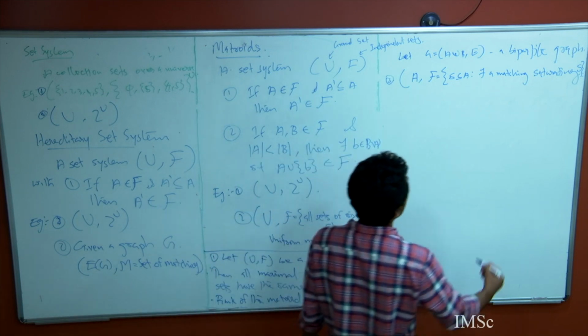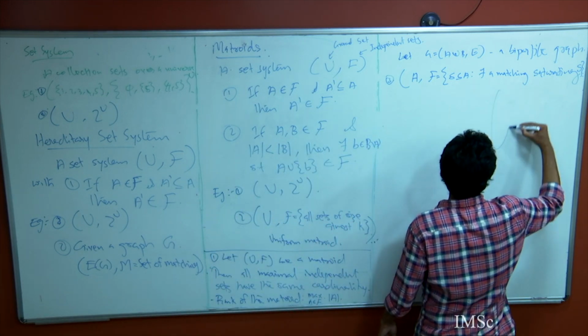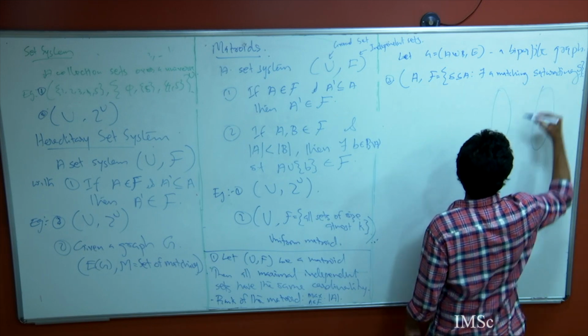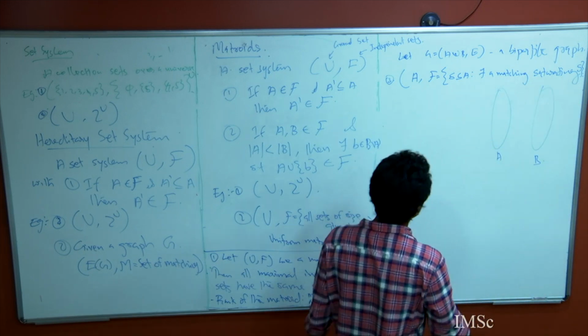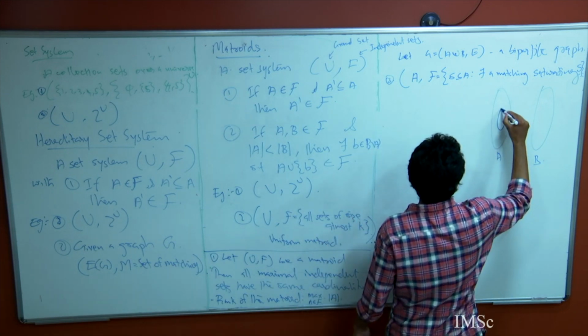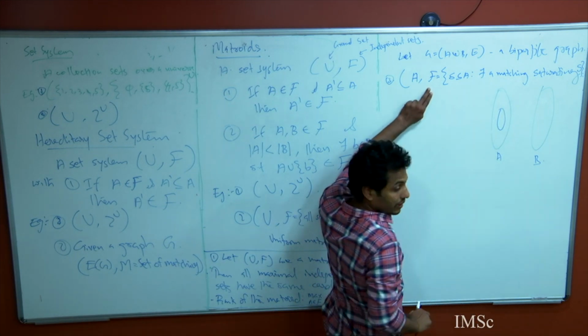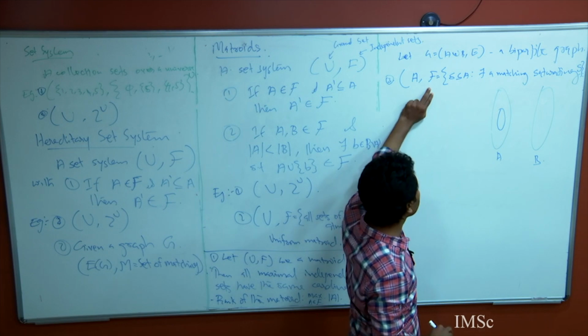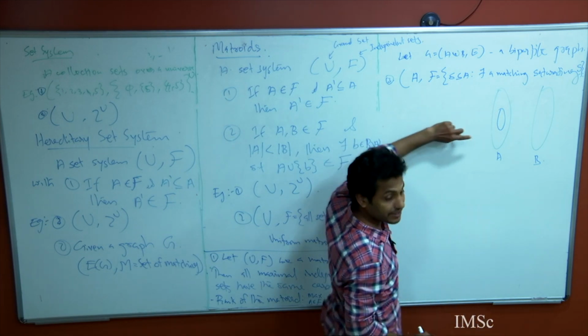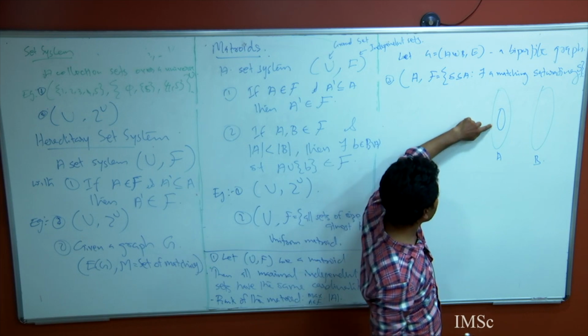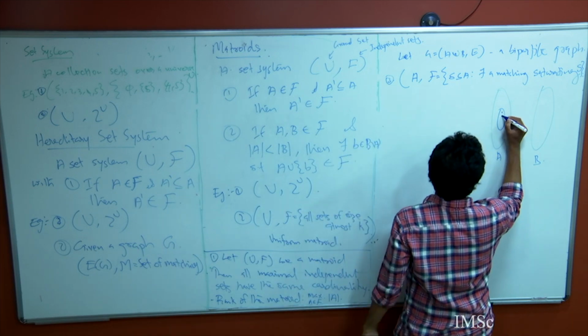So we will have A here, B here. Some subset belonging to the family means that this subset is an independent set if there exists a matching that saturates these vertices.